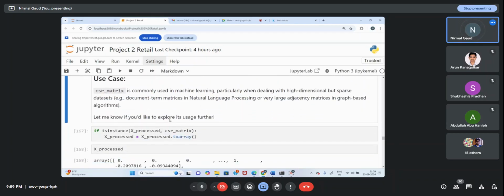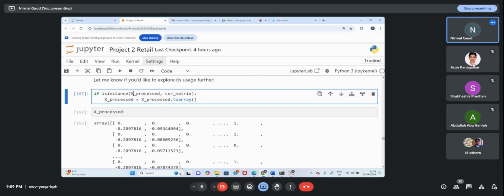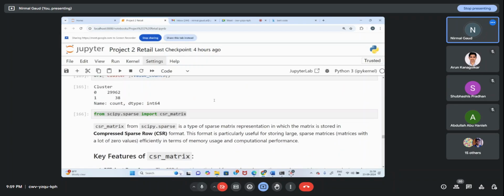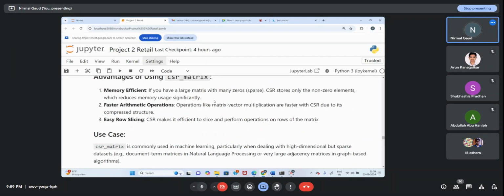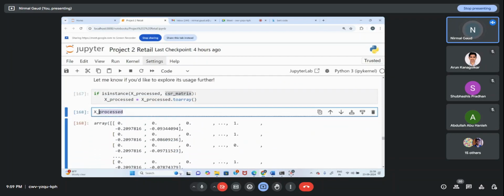All right. So what I did, I gave X processed to convert it into a CSR matrix. That's what I gave here, and this is X processed now.